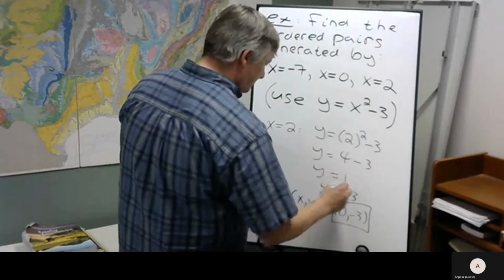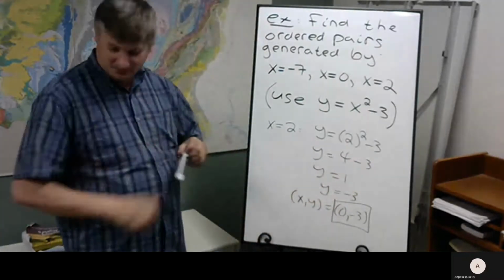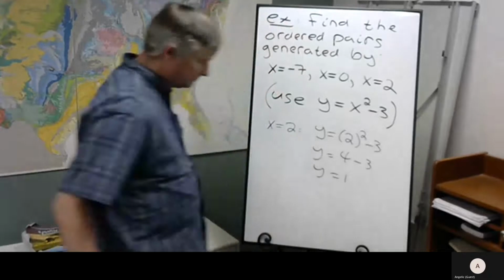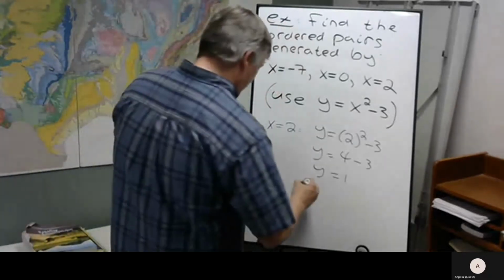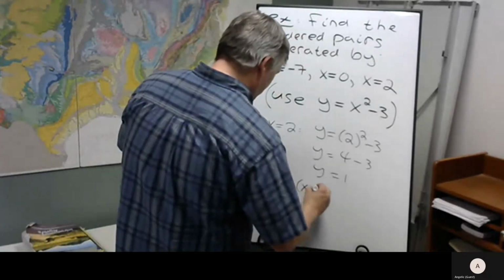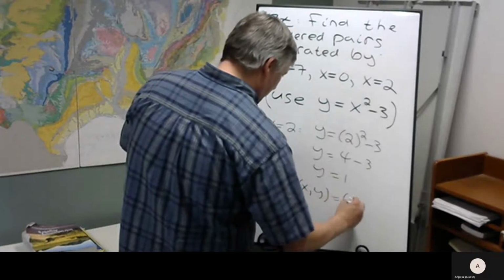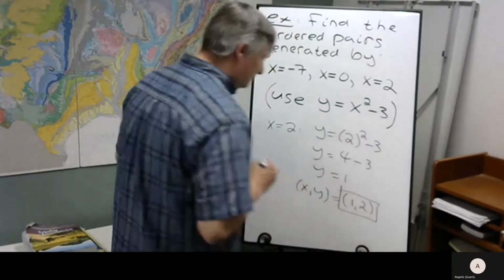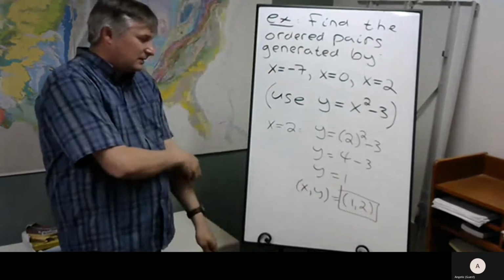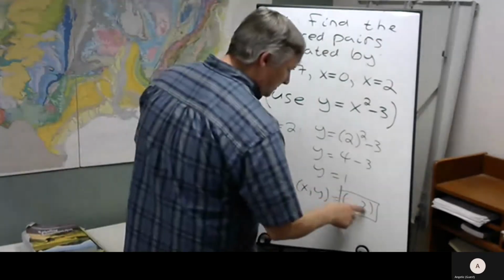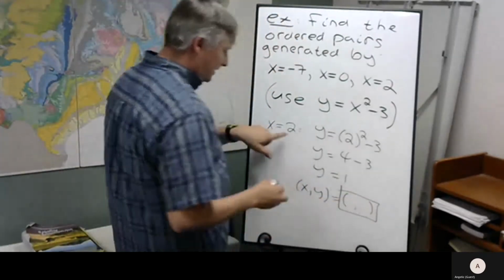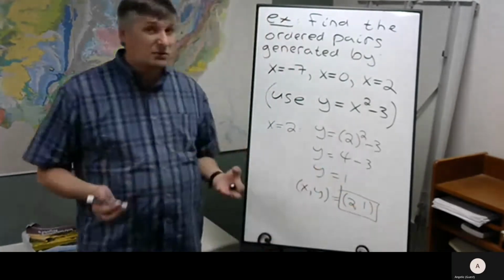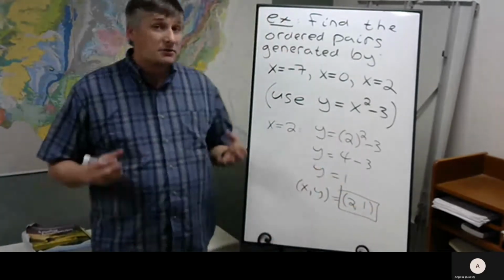And that is going to be 1. So x, y is 1, 2. Oh, I'm sorry, I got that mixed. x is 2, y is 1. Gotta remember, x is always first, y is always second.